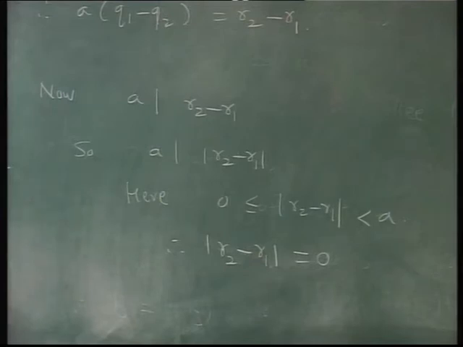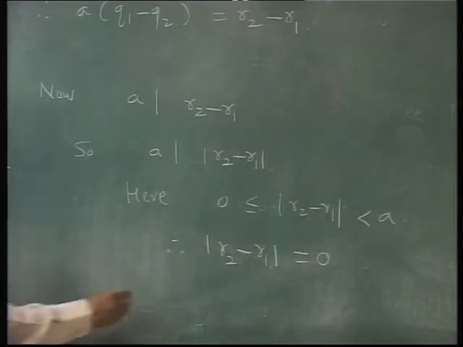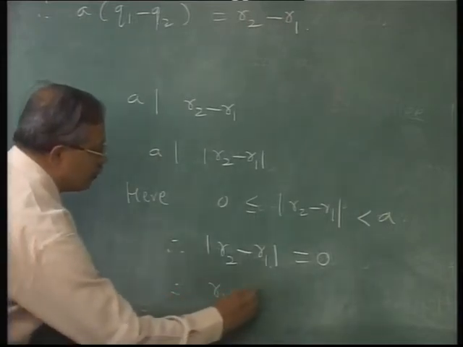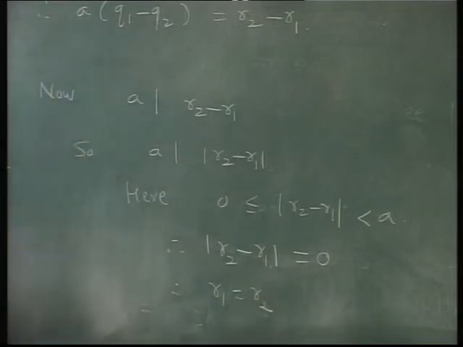Multiples of a will be 1 times a, 2 times a, 0 times a, or minus 1 times a, etc. If it is less than a, it has to be 0, and therefore r1 is equal to r2. Mod is 0 means the number is 0. So r1 equal to r2.